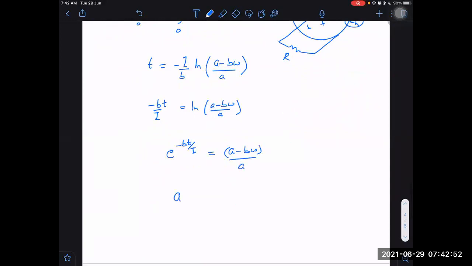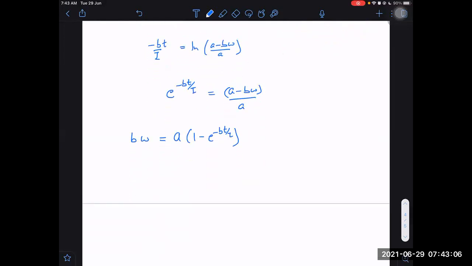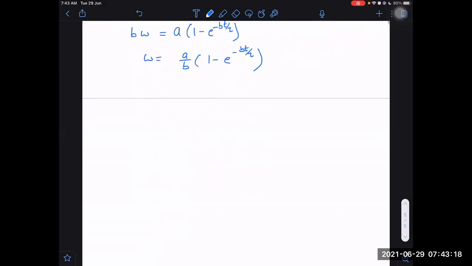Or I am getting a into 1 minus e raised to power minus bt by I is equal to b omega, or omega is equal to a divided by b into 1 minus e raised to power minus bt by I. That is how omega is varying. It is increasing. Not this way, sorry.